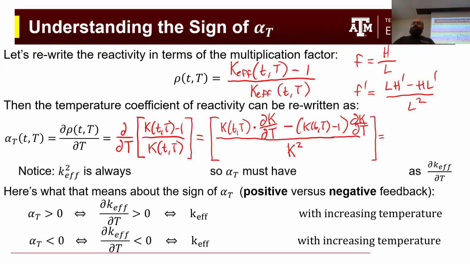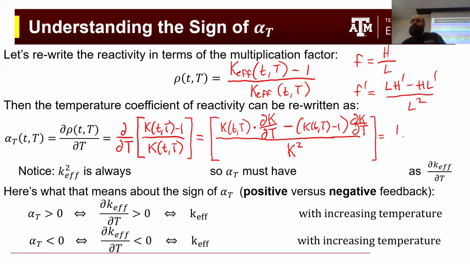And then from there, I can distribute this negative sign and FOIL this out. What's going to happen is the dk dt times the k terms are going to cancel, and the only thing I'm going to have left over on the numerator is just a positive dk dt. And in the bottom, I'm going to have k squared.